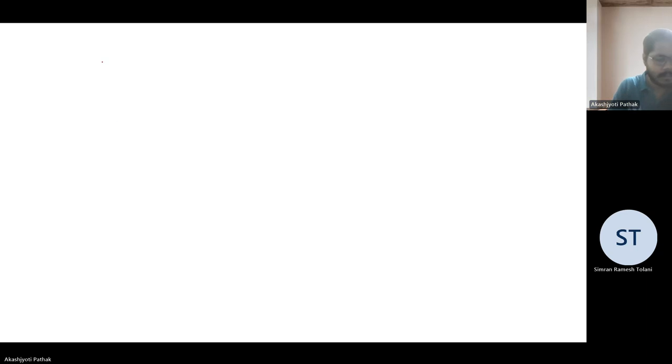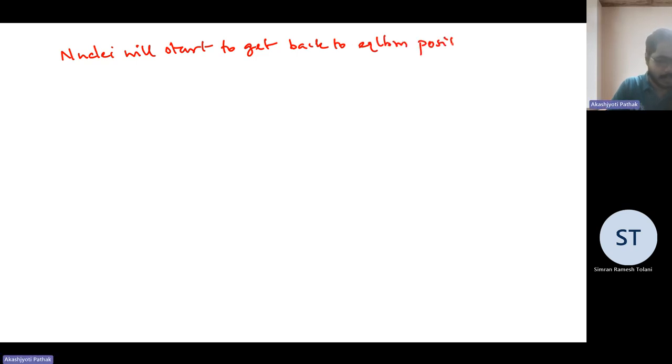Now we must not forget that after the radio frequency pulse is applied, these nuclei will start to get back to their equilibrium position.